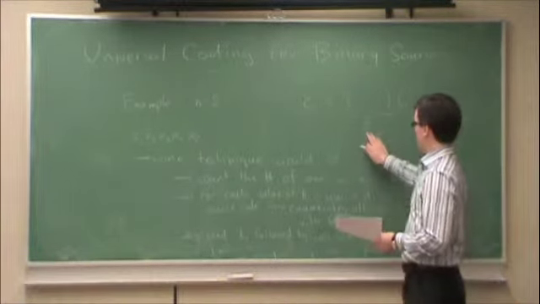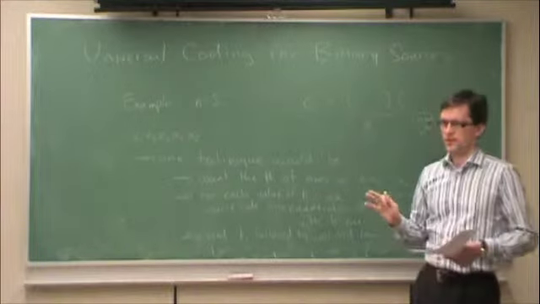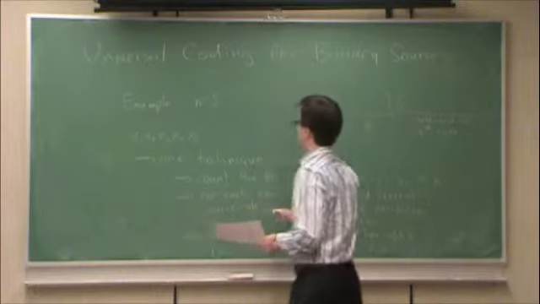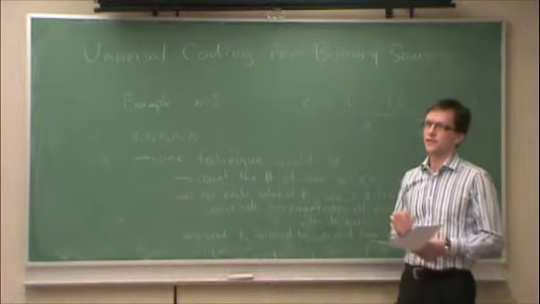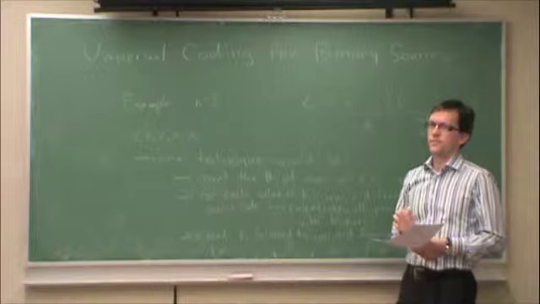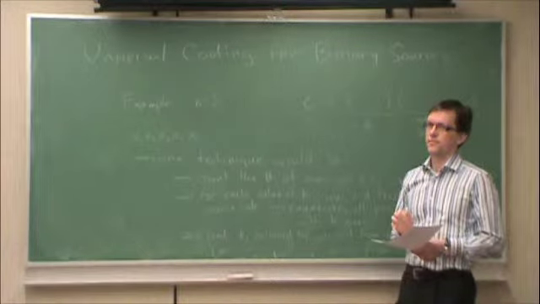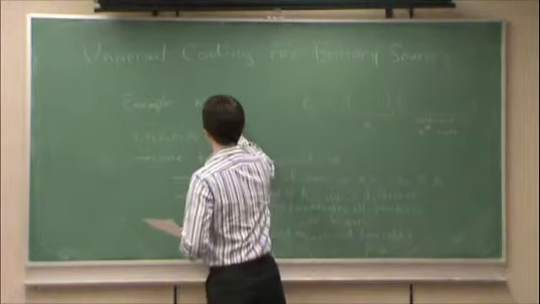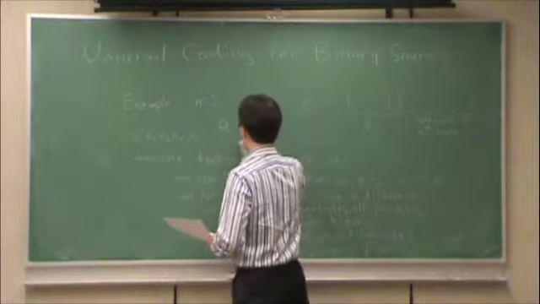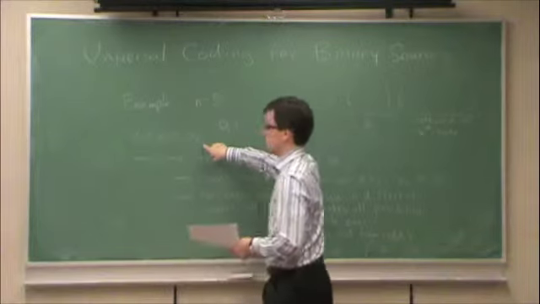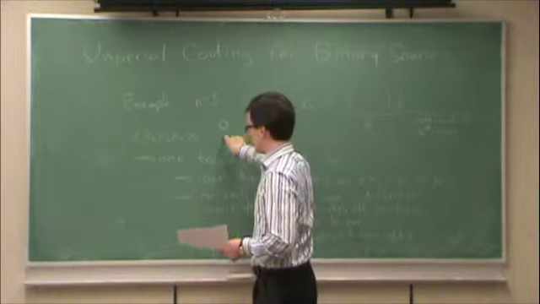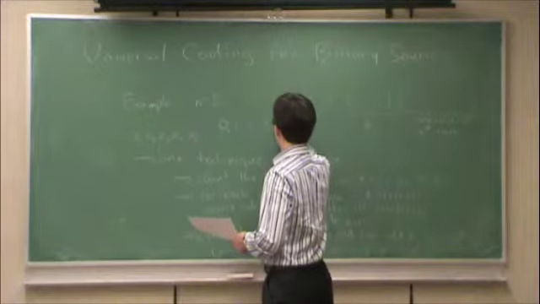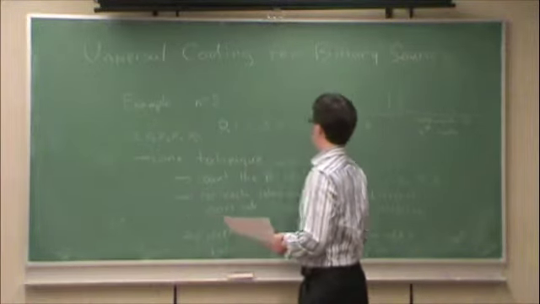So if I have k ones, in my example, if n is 5, how many possible numbers of ones can I have? I can have 0 ones, that's the all 0 sequence. A single 1, that's a single 1 somewhere in here, I can have 2, I can have 3, 4, or 5.